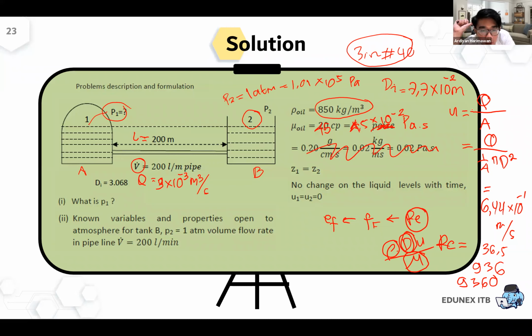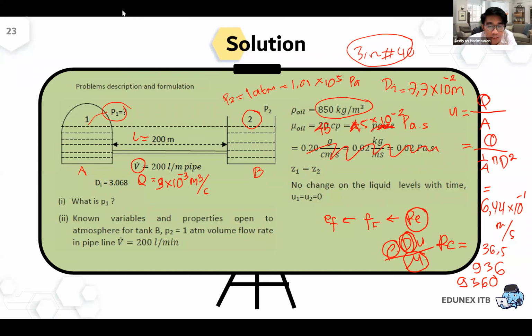Mu is how much? 4.5 times 10 to the power of minus 2. All is already in standard unit. Any other? I got 936, sir. 936. Okay, so it should be around that much.